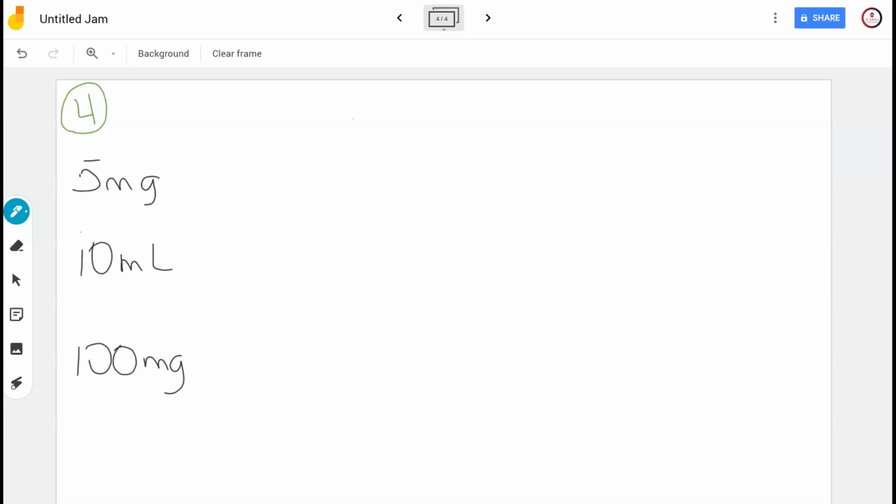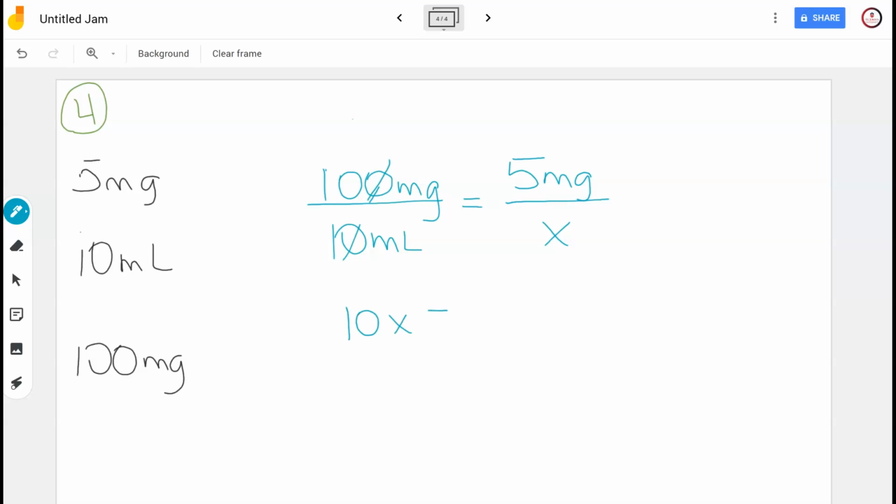You have a 10 milliliter vial that contains 100 milligrams of that drug. You want to give 5 milligrams. What is your x? First thing you can do, simplify. 10x equals 5. X equals 0.5 milliliters.